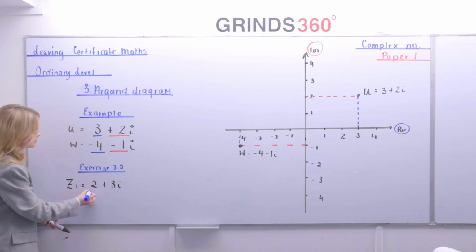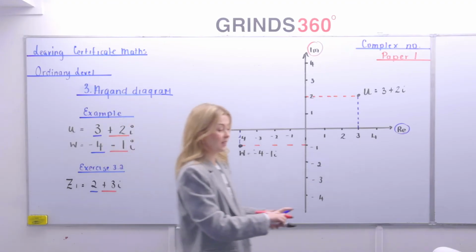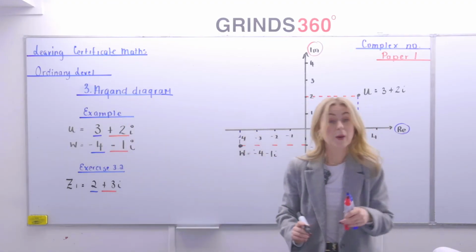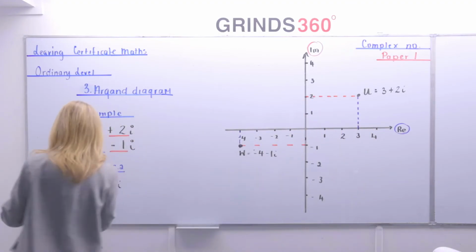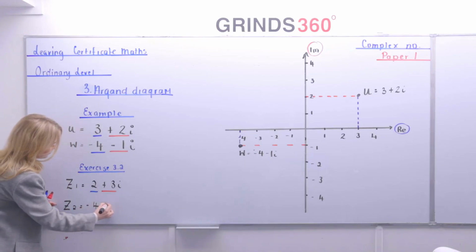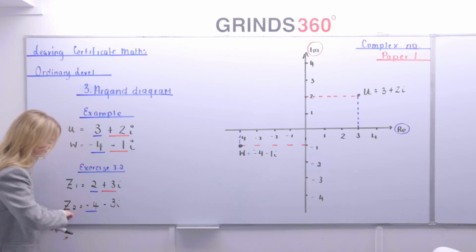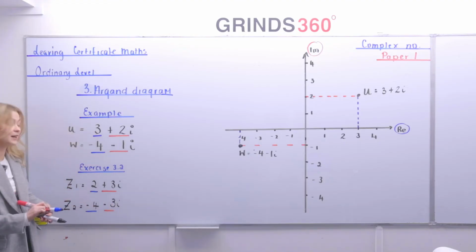What that is to me is 2 on my real and 3 on my imaginary. They also asked me to plot Z2, minus 4 minus 3i. Minus 4 on my real and minus 3 on my imaginary.